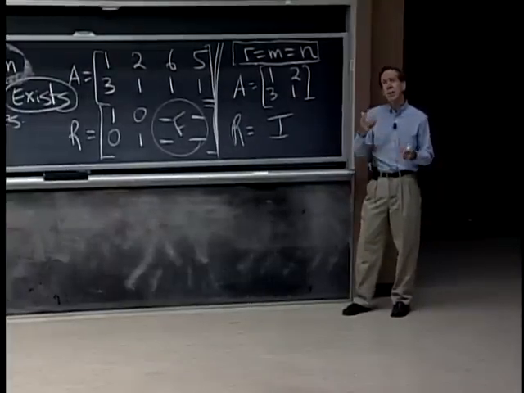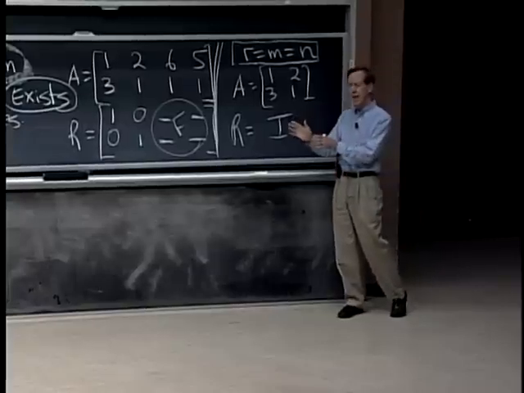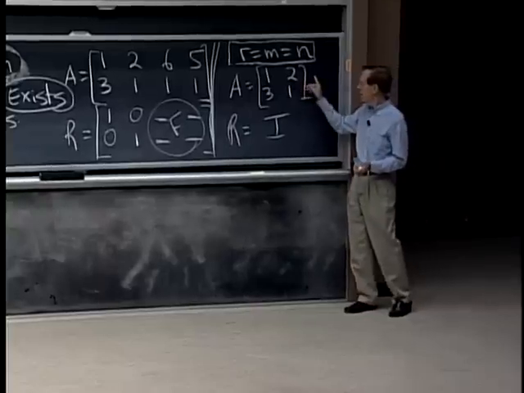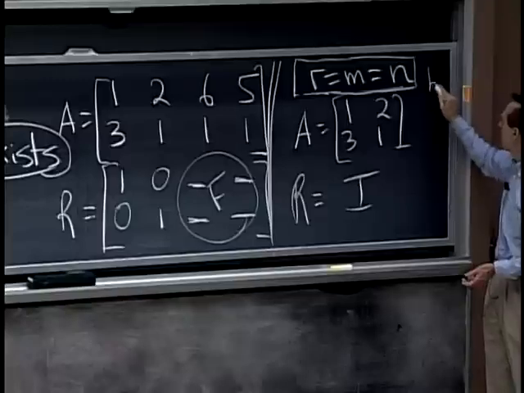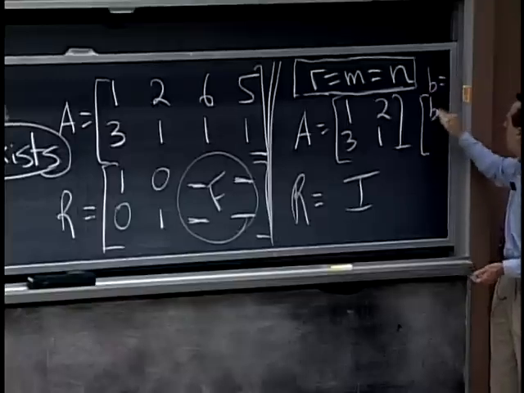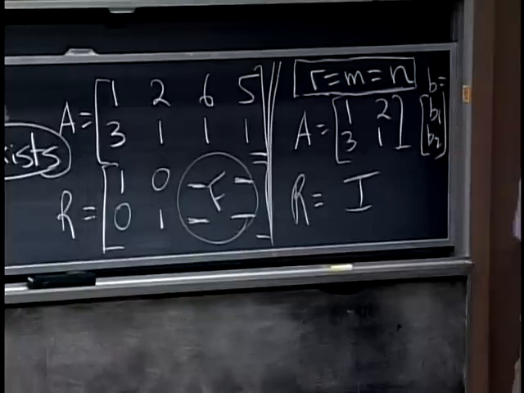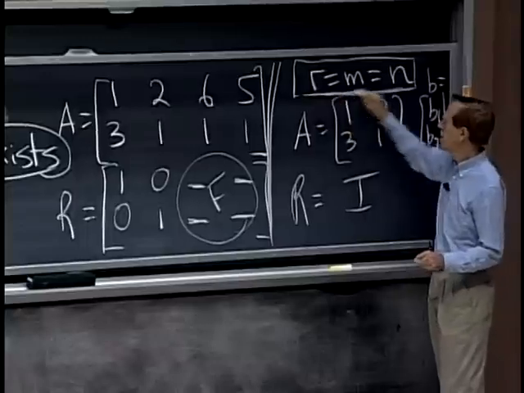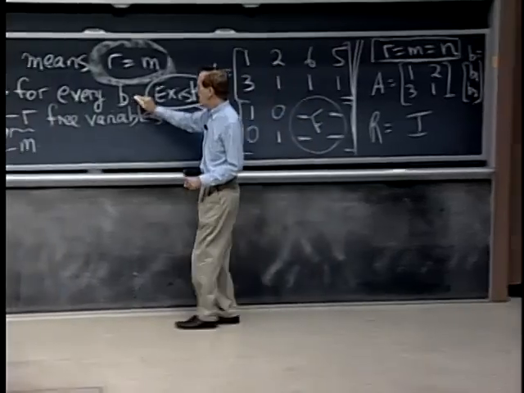What are the conditions to solve AX equal B? Which right-hand sides B are okay? If I want to solve AX equal B for this example, so A is this, B is B1, B2. What are the conditions on B1, B2? None at all. Right. So this is the case where I can solve. So I'm coming back here.